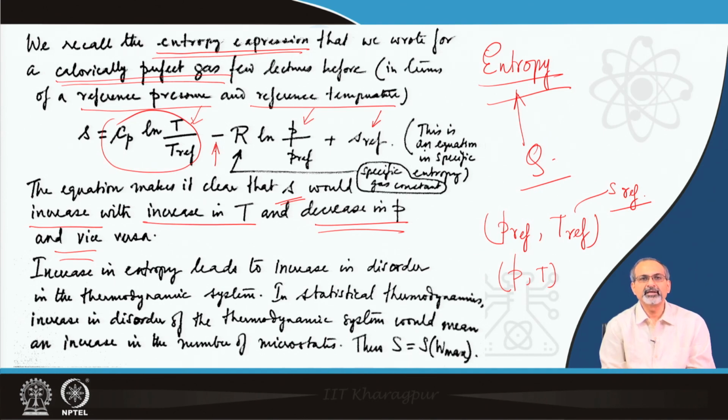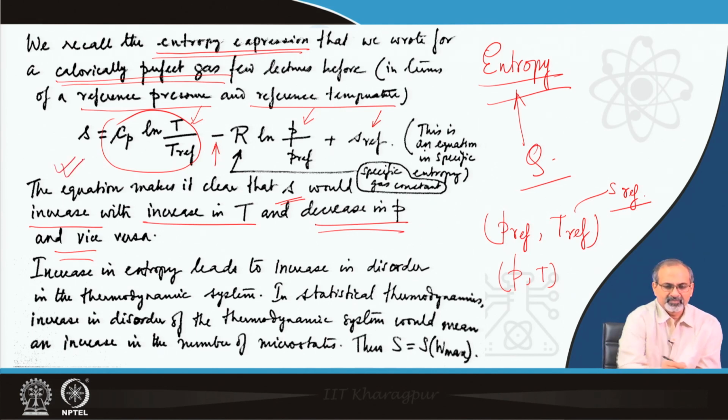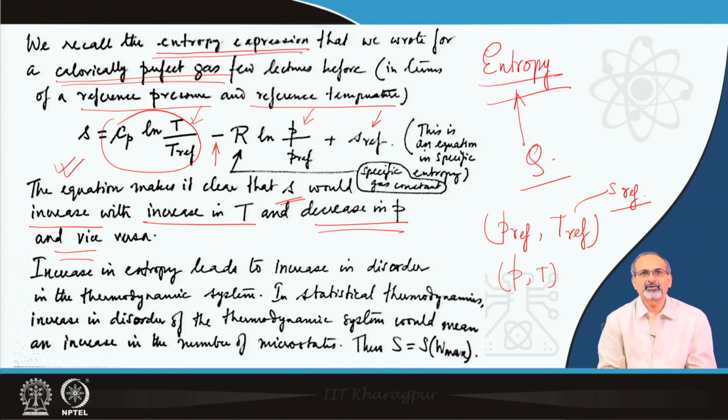Only a reduction in P can increase the entropy, an increase in P would reduce the entropy. So, these are interesting facts which we should notice from an equation like this.